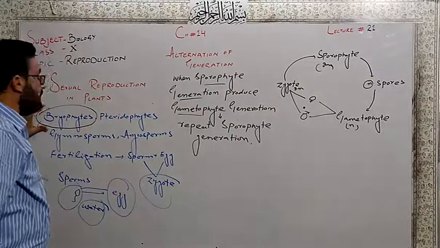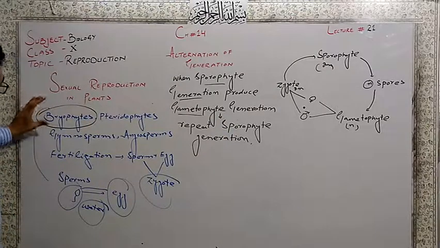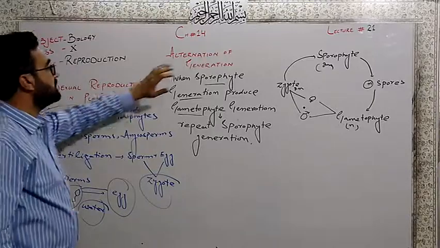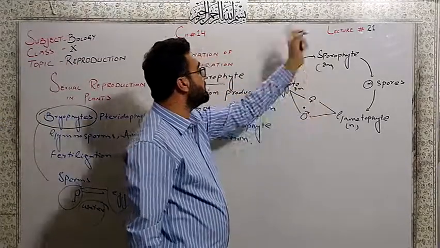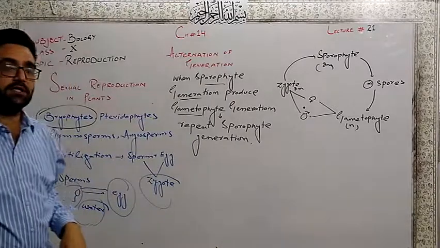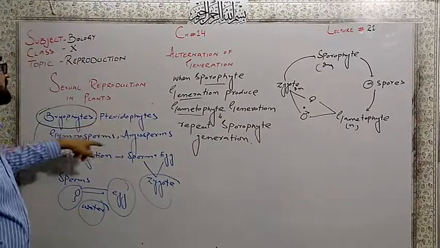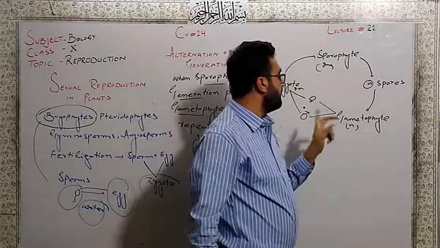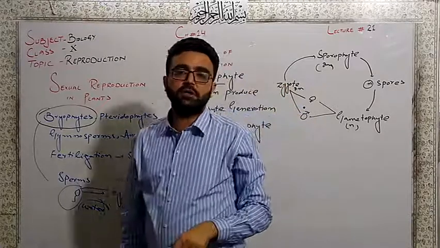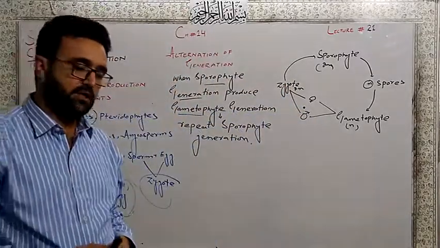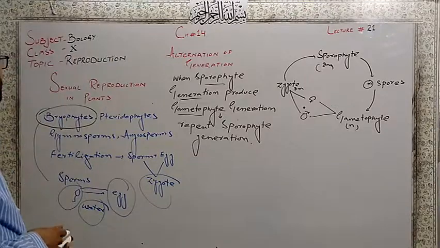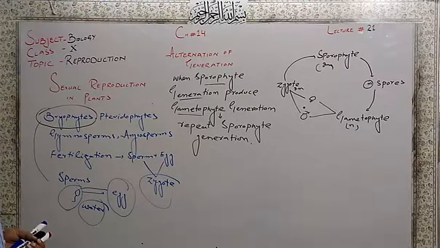Again, I am repeating, bryophytes are the only class of plants in which the gametophyte generation is dominant over the sporophyte generation. But in the rest of the classes, the sporophyte generation is dominant. So this is the concept of sexual reproduction in plants.